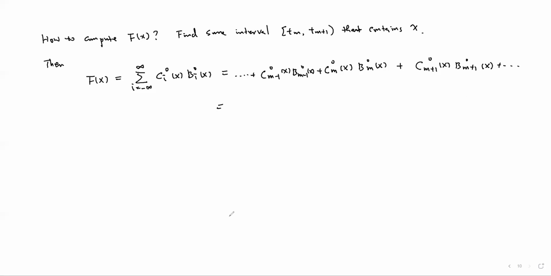Yes, there are infinitely many terms, but only this term is nonzero, because x is in this interval. B_{m-1,0} is equal to 0. So actually this is c_{m,0}(x) B_{m,0}(x). But B_{m,0}(x) by definition is equal to 1. So this is c_{m,0}(x).